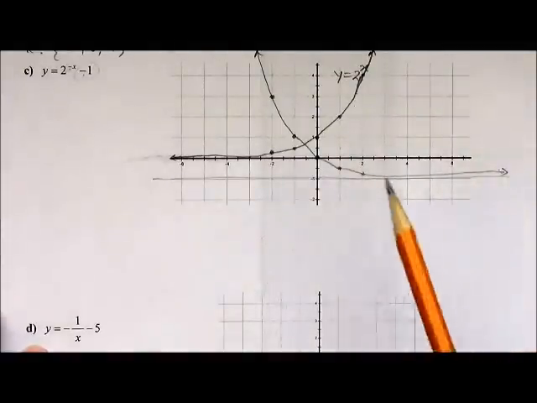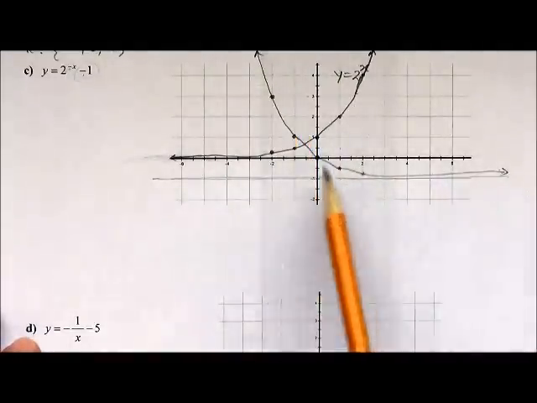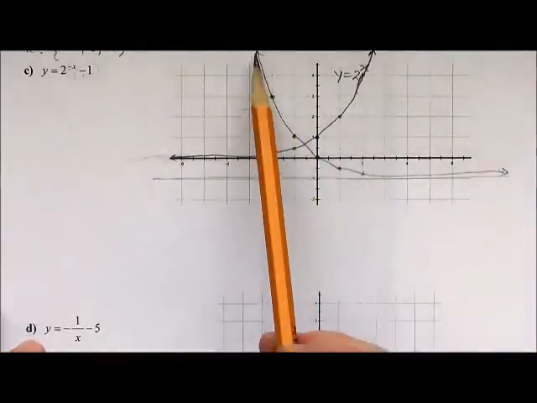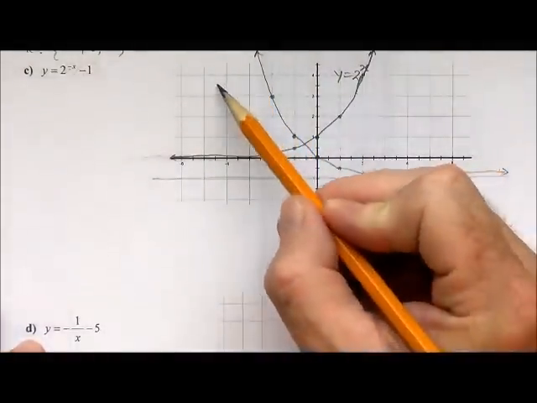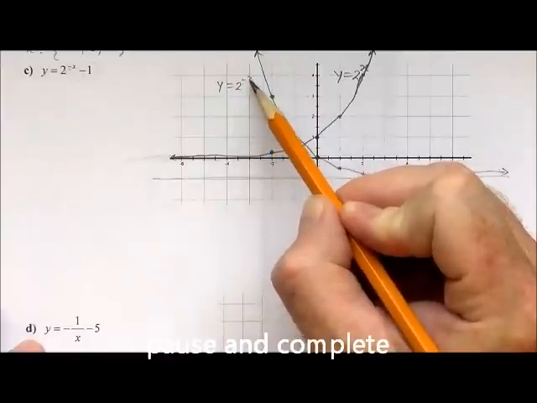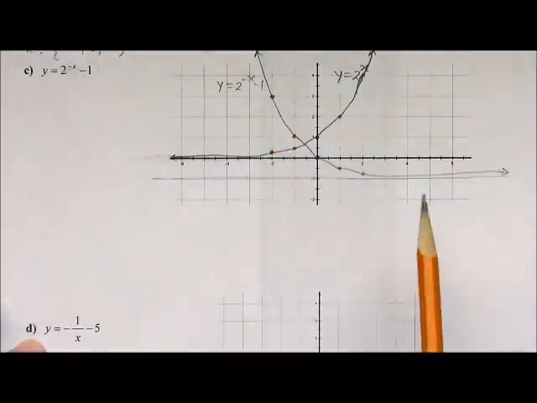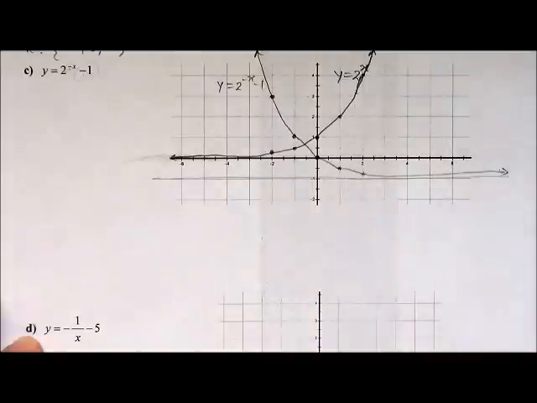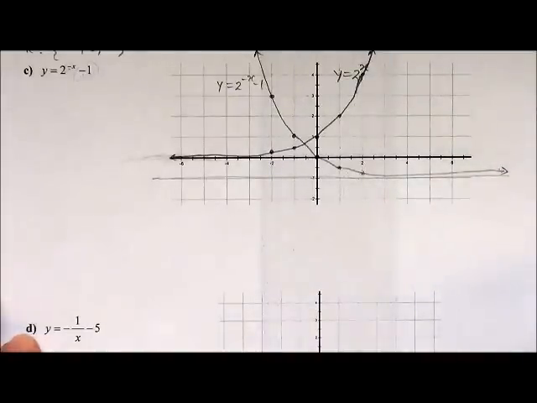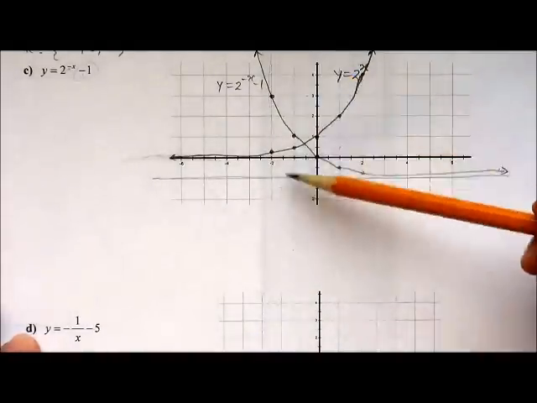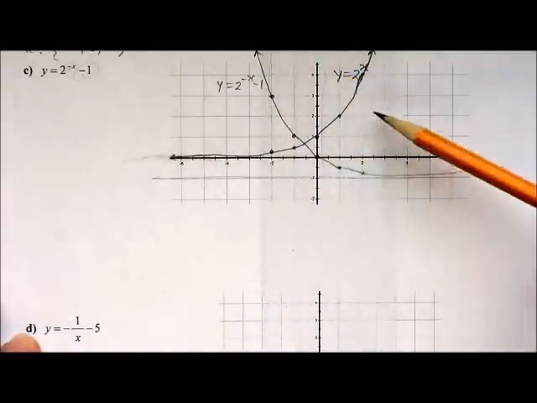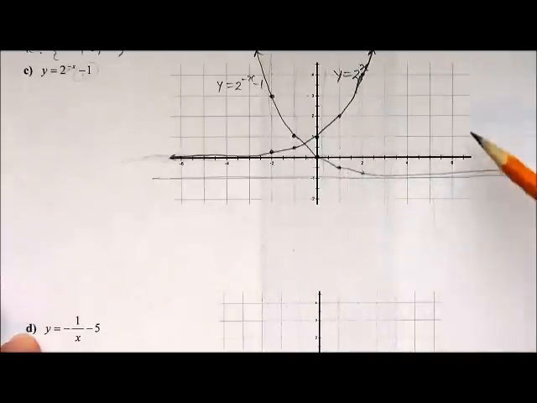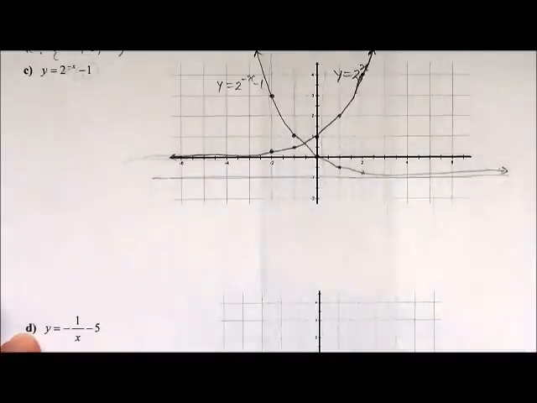So now we have to determine, is this a function? So I guess I should have been calling it a relation all the time. So is this a function? y equals 2 to the negative x minus 1. Well, if we were to draw vertical lines to form the vertical line test, we would see that the vertical line would only intersect that function one time through any one line.